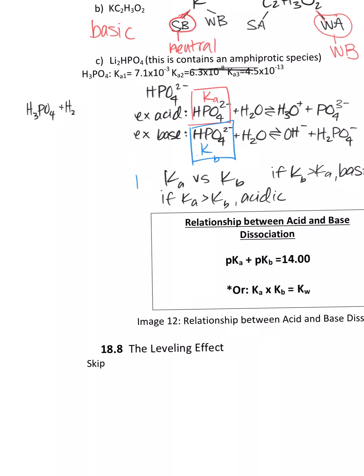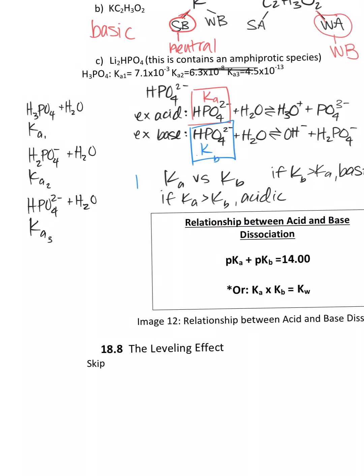When phosphoric acid first reacts with water, that is referred to as Ka1. After it loses a proton and reacts with water again, that is called Ka2. And the last hydrogen to react with water, that is referred to as Ka3.